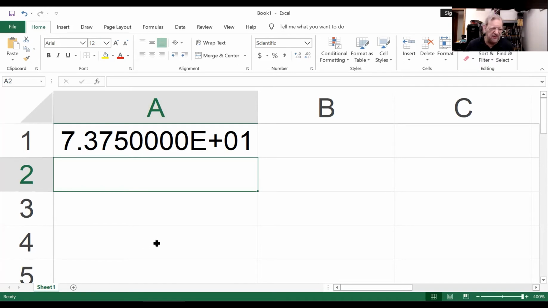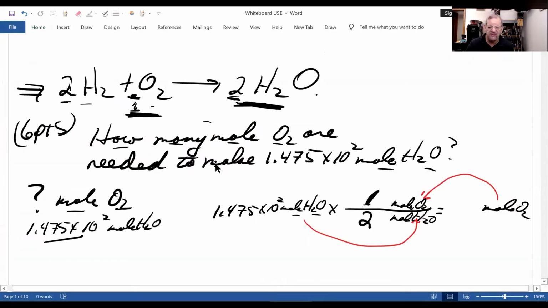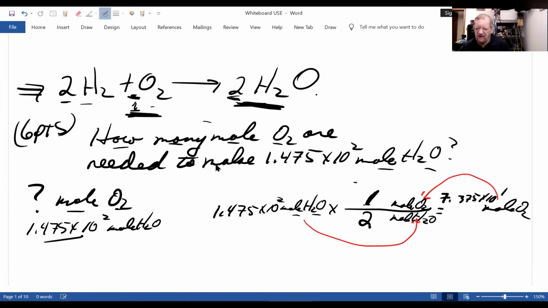On this one, if you put 73.75, that would also be correct. Let me rewrite that. And that's your answer. And that's how you do these type of problems.